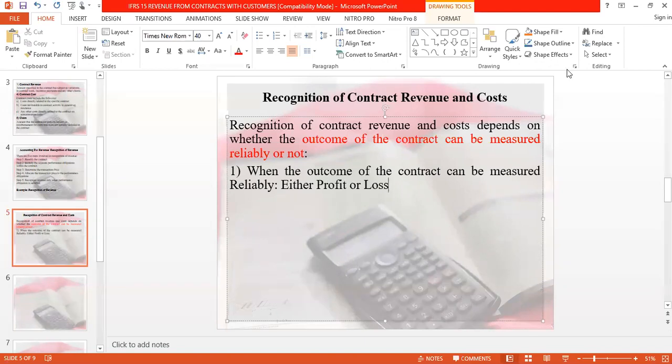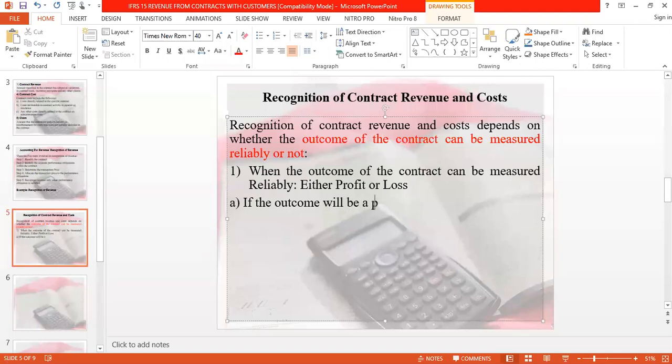When you get into a contract, you should measure whether you are in a position to make a profit or loss. So if the outcome will be a profit, take note of that.